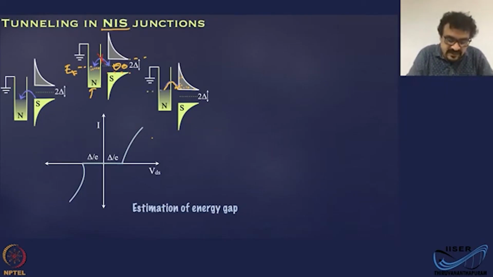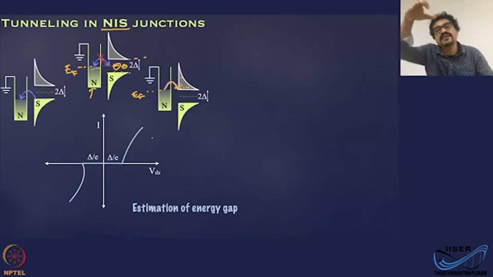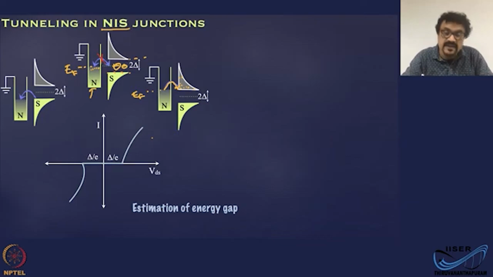This was EF. So when you move delta in the positive direction, you lower the superconducting side with respect to the metal side by delta, then you have available states for the electrons. Then the tunneling will happen, and current will increase as a function of voltage.